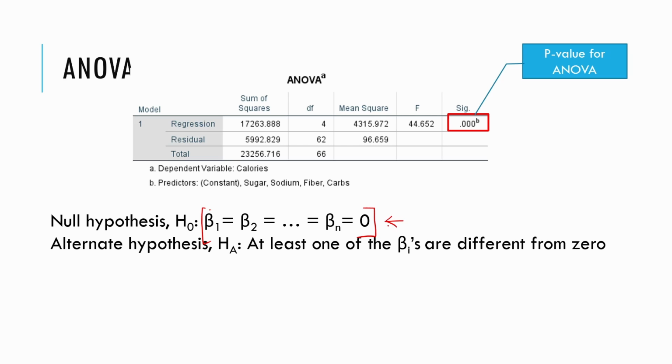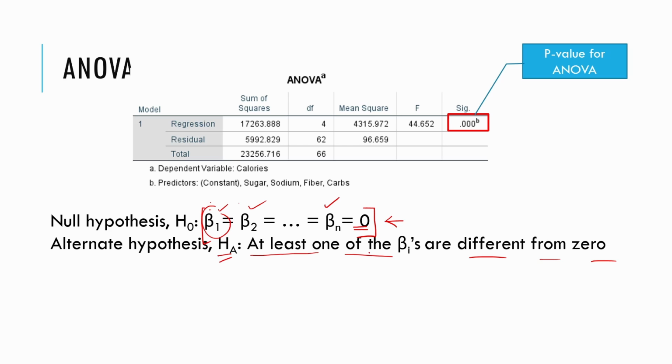Null hypothesis says that all the beta slope coefficients, population slope coefficients, are equal to 0. And what is the alternate? Alternate is that at least one of these beta values is different from 0. So it does not say which one. That means just one of these can be different from 0. That is okay. So that much is checked.